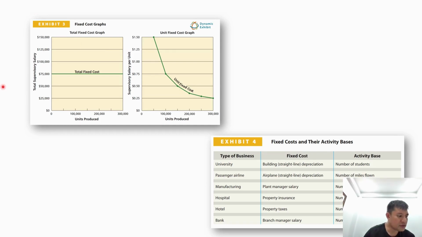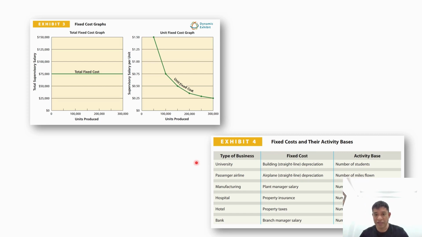Some examples of fixed costs and the related activity bases for various types of businesses are shown in Exhibit 4. For the university type of business, regardless of the number of students, the building depreciation remains the same.